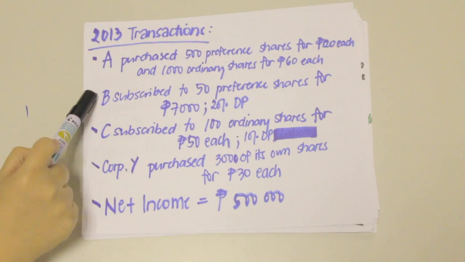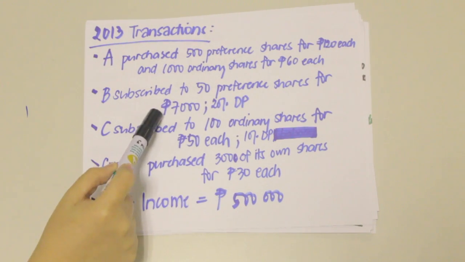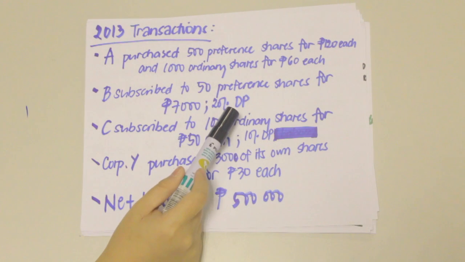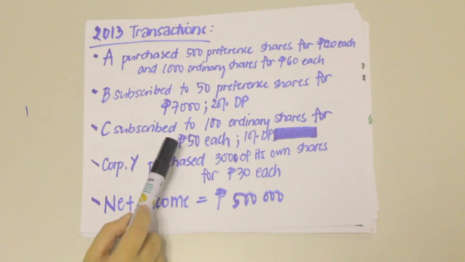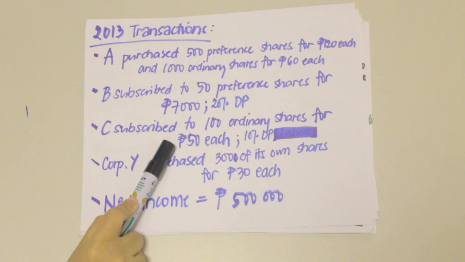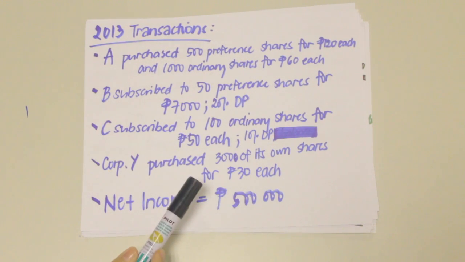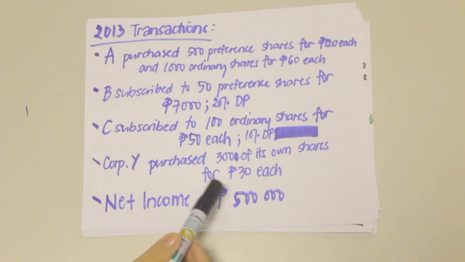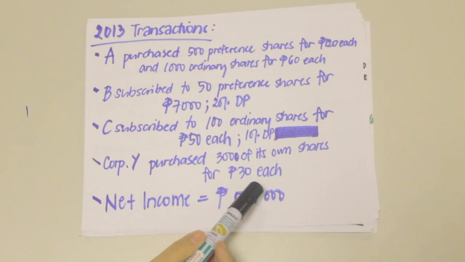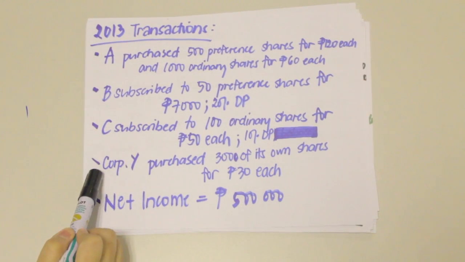And then B subscribed to 50 preference shares for 70,000, 20% down payment. And then C subscribed to 100 ordinary shares for 50 pesos each, so that's at par, and then 10% down payment. And then Corporation Y purchased 3,000 of its own shares for 30 pesos each, so that's treasury shares.